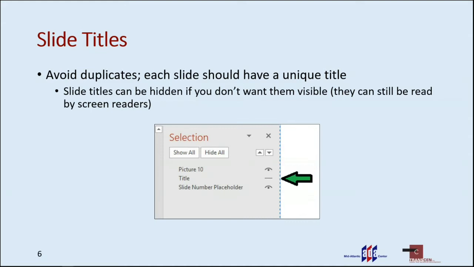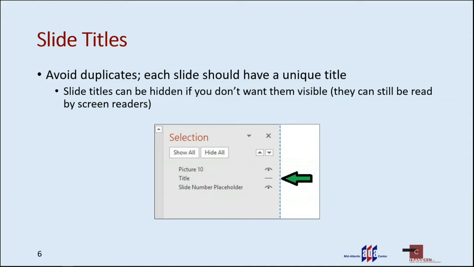It can at times be challenging to come up with unique titles, particularly in longer presentations, but there are some things that you can do. You can be creative about coming up with slide titles. If you have, for example, a series of slides that are sort of like a list, maybe a list of top tips, you might be tempted to just use the same title for all of them.